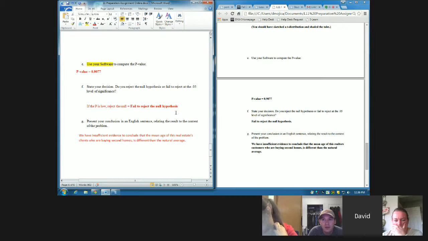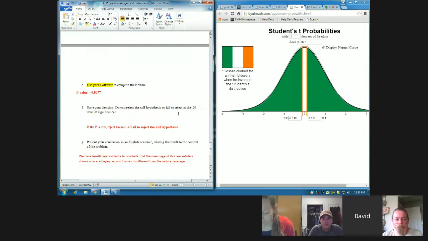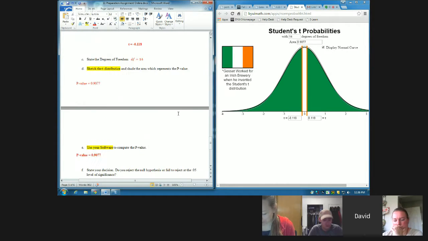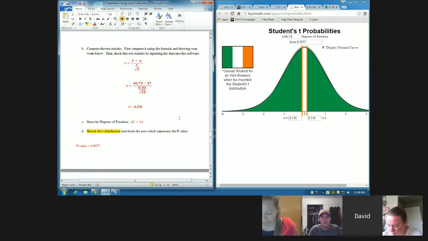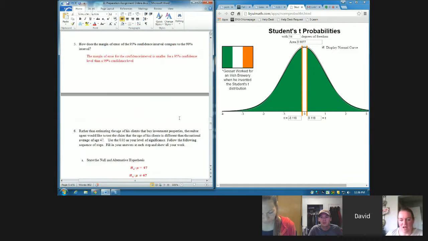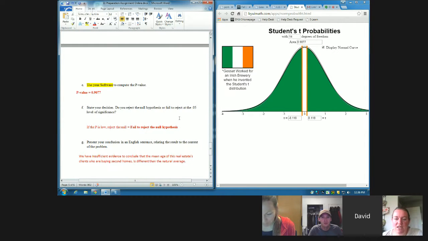So the C on here is talking about stating degrees of freedom. I didn't really understand what degrees of freedom were. You guys get that? Me neither. See any explanation for what that was at all? The only thing I got from watching the tutorial videos was that it's the sample size minus 1. So in this case, since their sample size is 15, the degrees of freedom are 14.